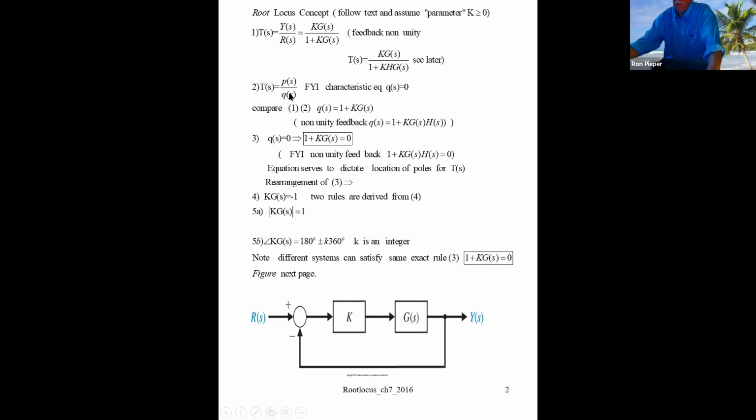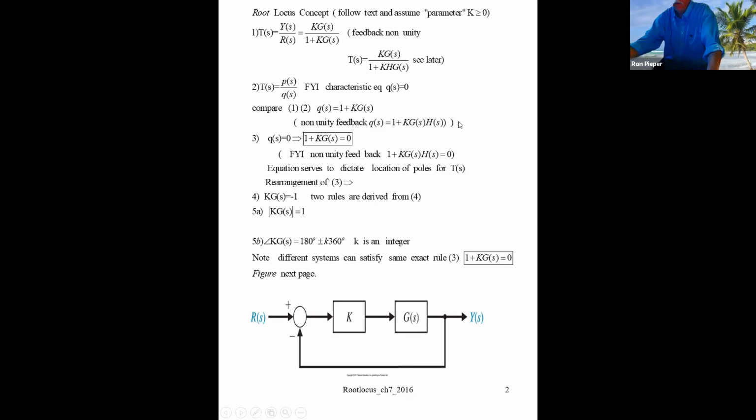Our characteristic polynomial Q of S, therefore, would be this factor right here. Of course, if you had non-unity feedback, the H of S would appear right there where you'd expect it to be in the characteristic polynomial.